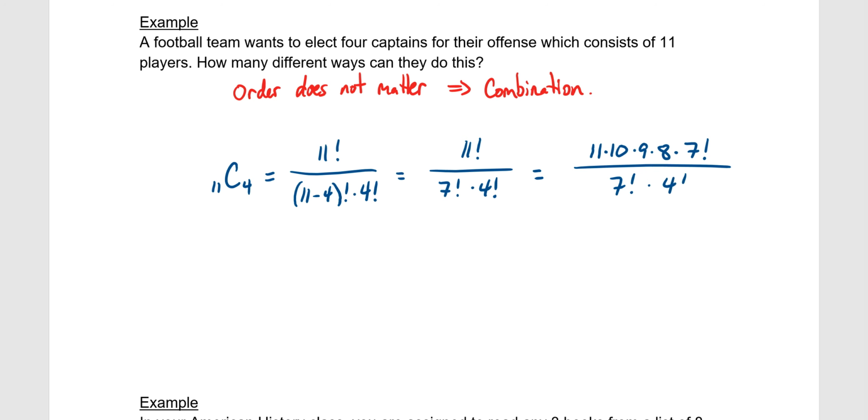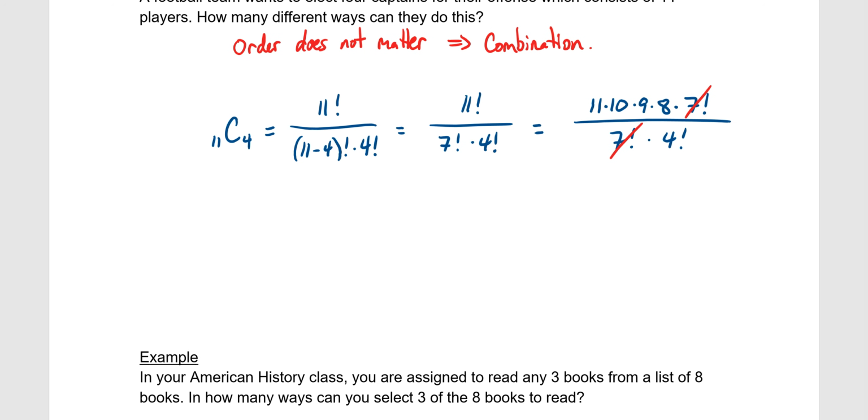And now we can cancel off those 7 factorials. And then we end up getting 11 times 10 times 9 times 8 divided by 4 factorial. 4 factorial is 4 times 3 times 2 times 1.